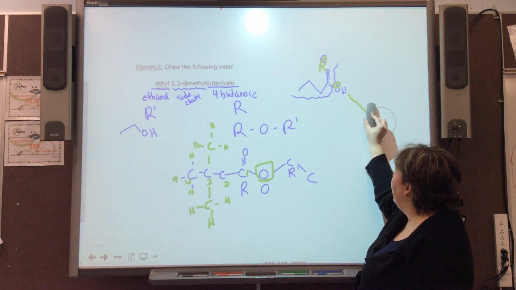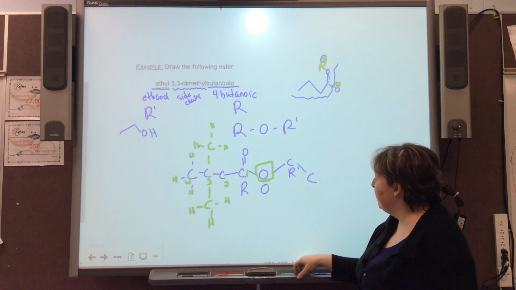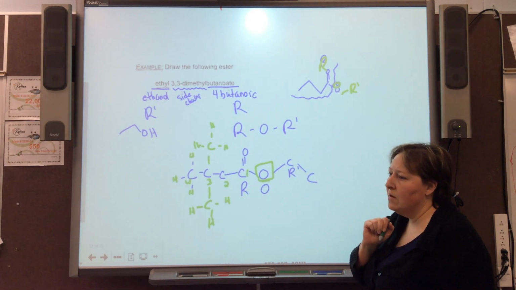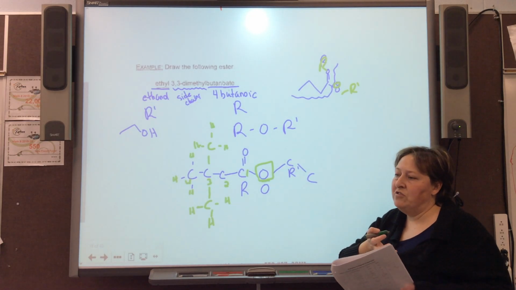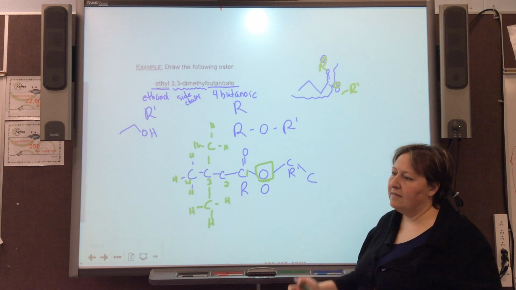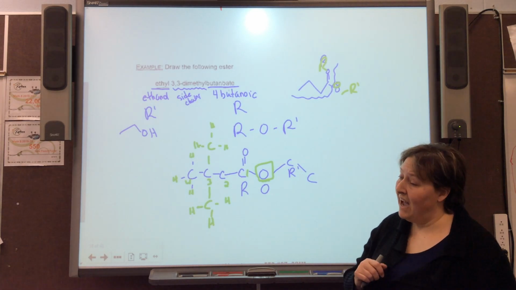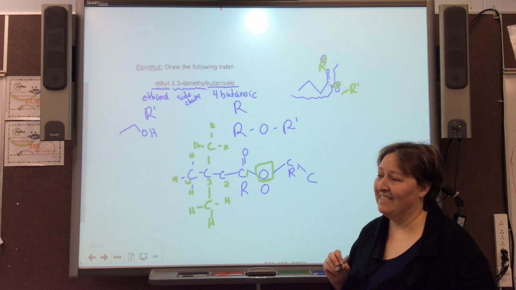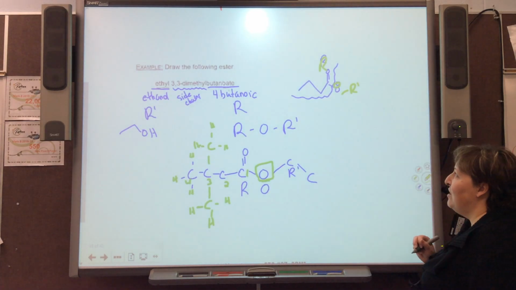If you want the R prime, you take the H off and you move this to an R prime group. The alcohol loses the hydrogen and the carboxylic acid. We're going to get into reactions and it'll make more sense, but for now this is the formation. Okay? That is you take your butanoic.